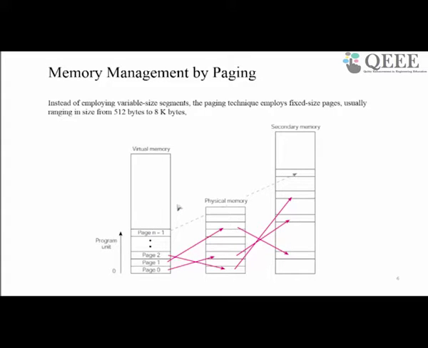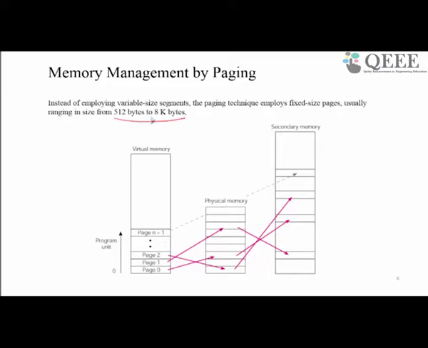So here is an illustration showing how the pages from the virtual memory are brought and loaded into the main memory, and what the correspondence of those virtual pages is to the actual pages present in the secondary memory. So here is the virtual memory, divided into units called pages. The size of the pages can vary.